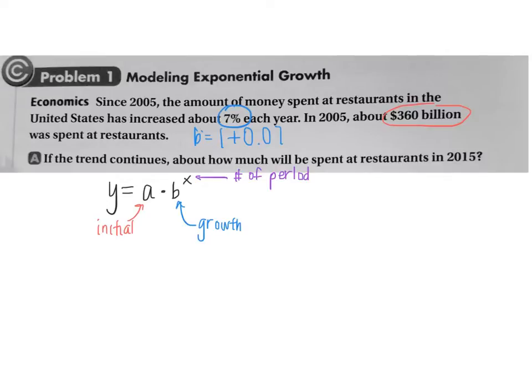And then our x is how many times it grew. So it says 7% each year, and this says in 2015 from 2005. So how many years is it between 2005 and 2015? It's 10. So we're going to say that our x is 10.